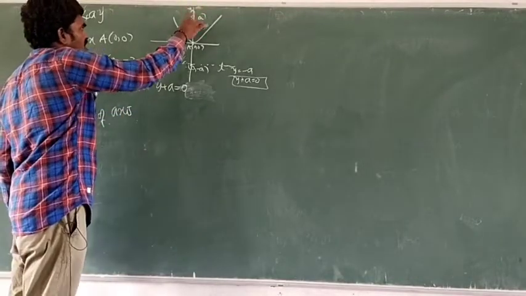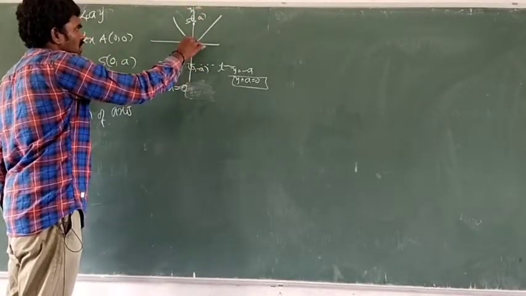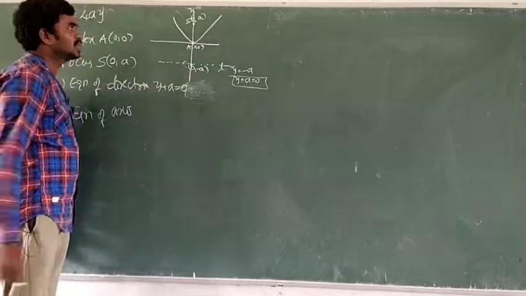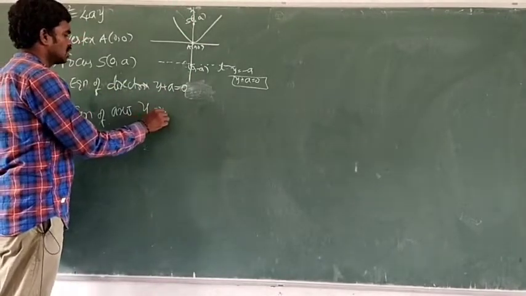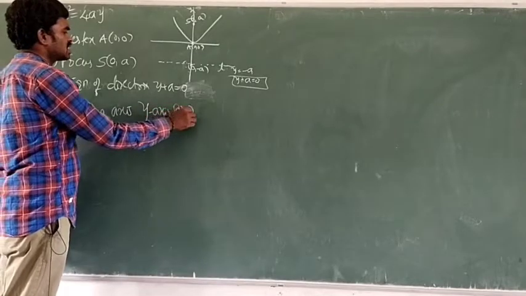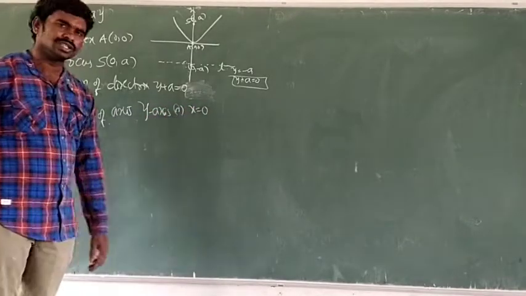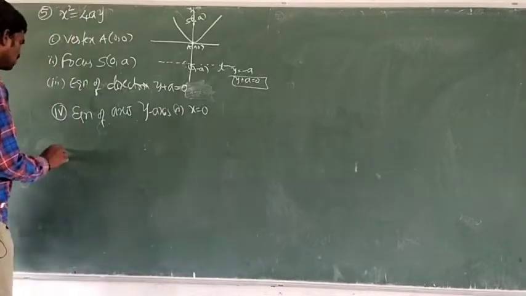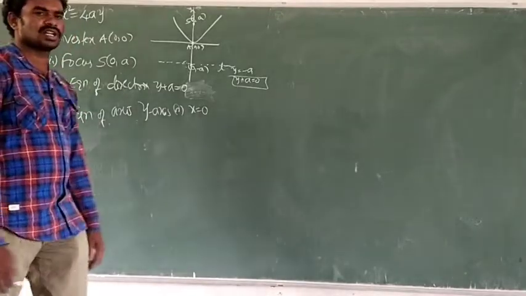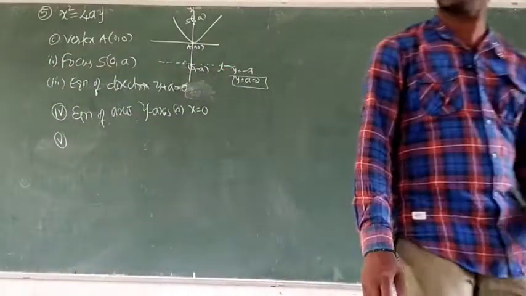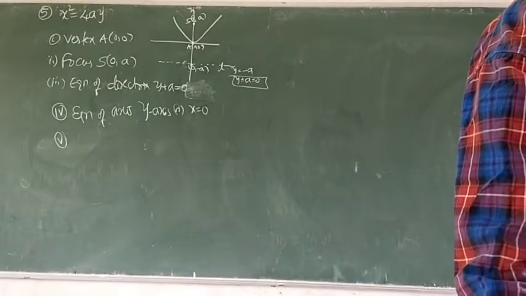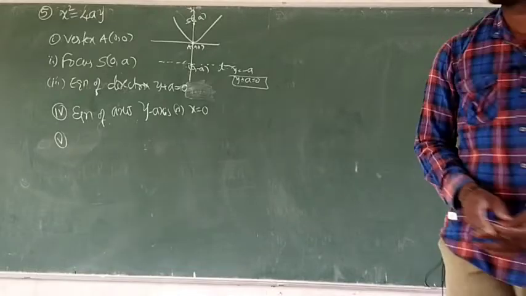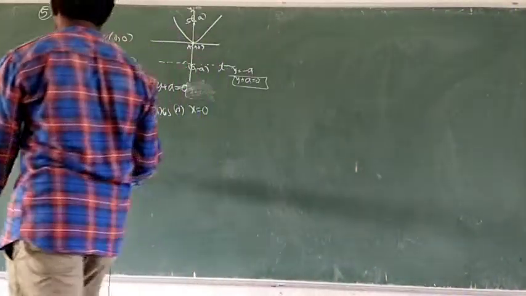This is the y-axis, so the equation of the axis means the y-axis, or we can write simply x is equal to 0. And the length of latus rectum is always 4a. Is there anything more? Yes, end points.